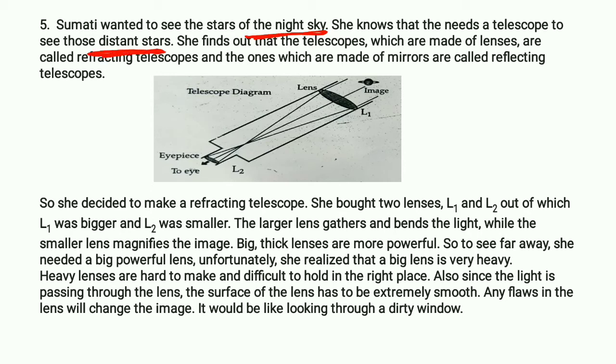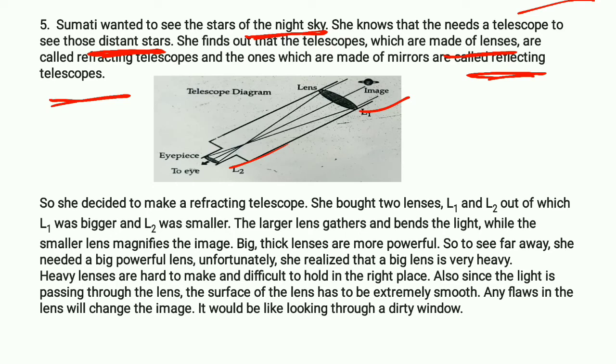She finds out that the telescopes which are made up of lenses, as you can see here in the image, containing lenses L1 and L2, are called refracting telescopes, and the ones which are made up of mirrors are called reflecting telescopes.